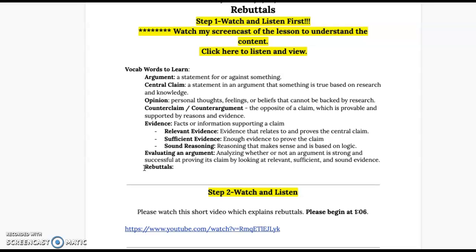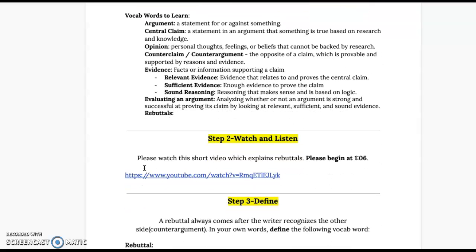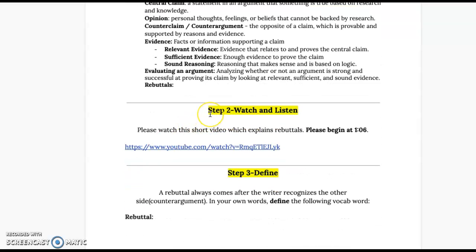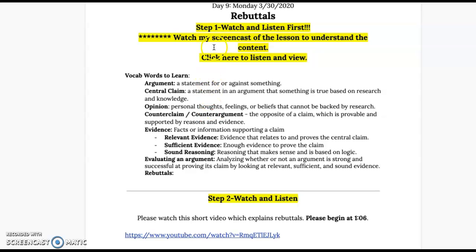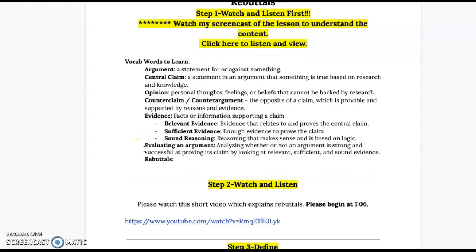Okay, so we're going to look at some examples and see if we can identify rebuttals, and we will go from there. So step one today is to listen to what I'm saying right now, which is very helpful, and please continue to listen to my screencast of the lesson so that you understand the directions more clearly.